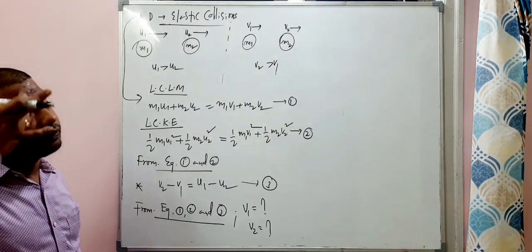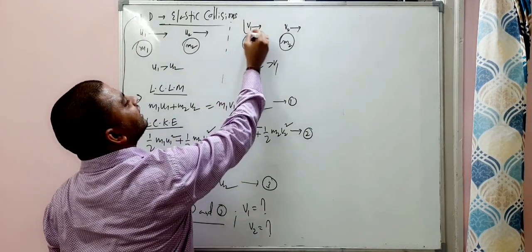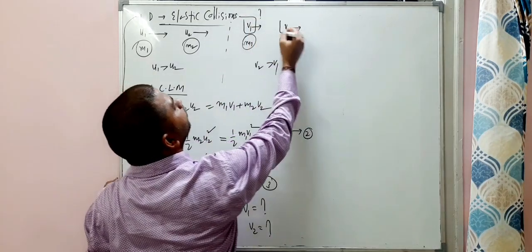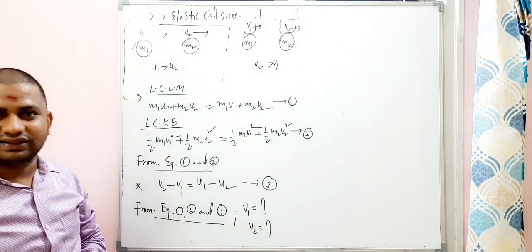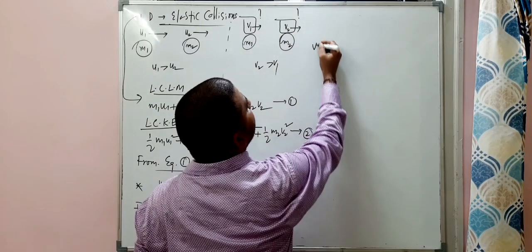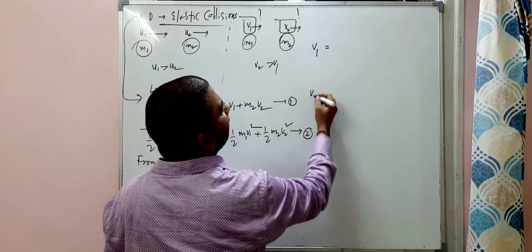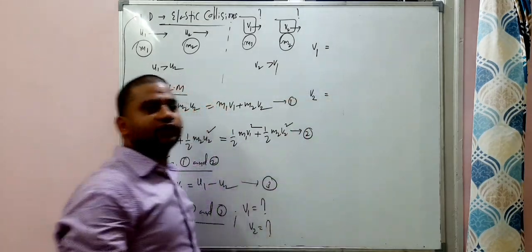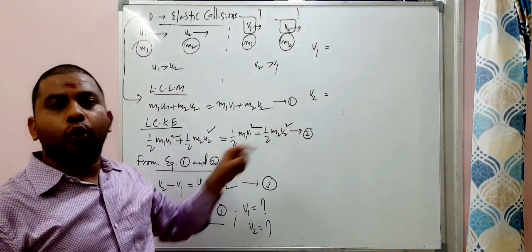What is that? Let's see. The final velocity of the first body after the collision, and the final velocity of the second body after the collision. Carefully observe these V1 and V2.